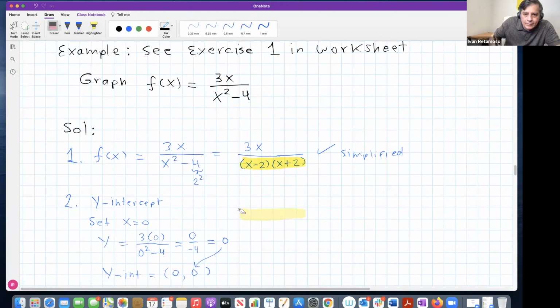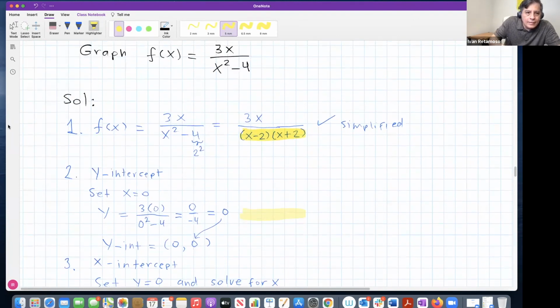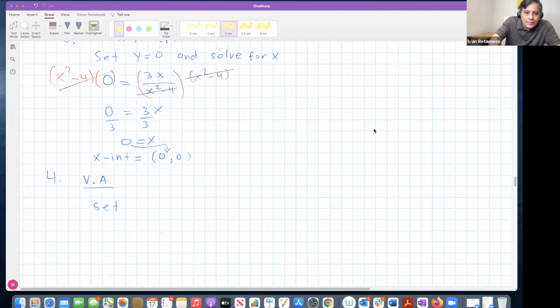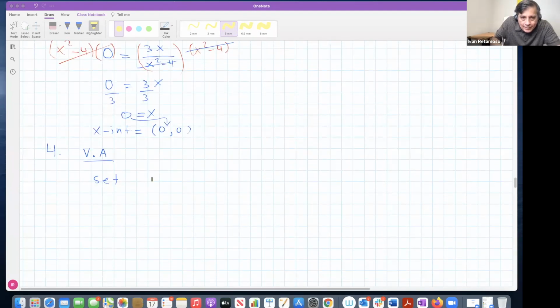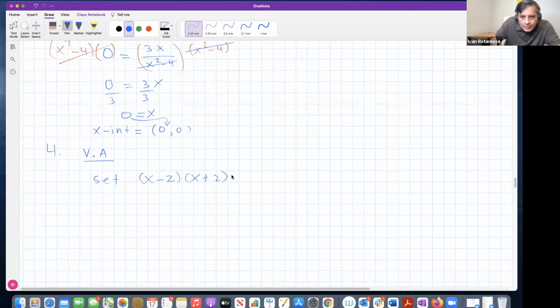Set equal to 0 that guy. x minus 2 times x plus 2 must be equal to 0.